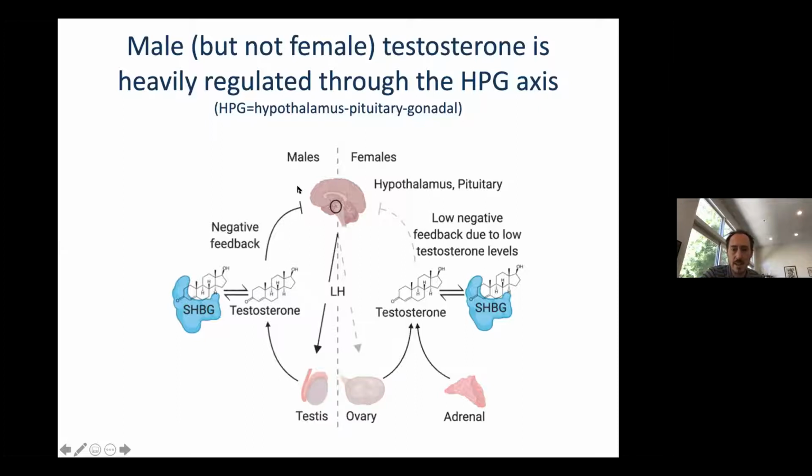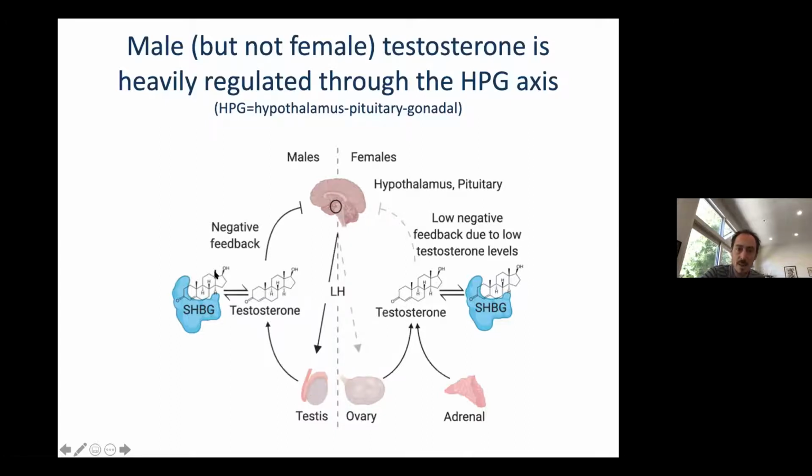You also have this negative feedback loop, so that when circulating levels of testosterone in the blood are high, that produces negative feedback. So for example, for sports players like Barry Bonds who take excess testosterone, this actually has a dampening effect on the hypothalamus and pituitary, which leads to reduction in testis size.